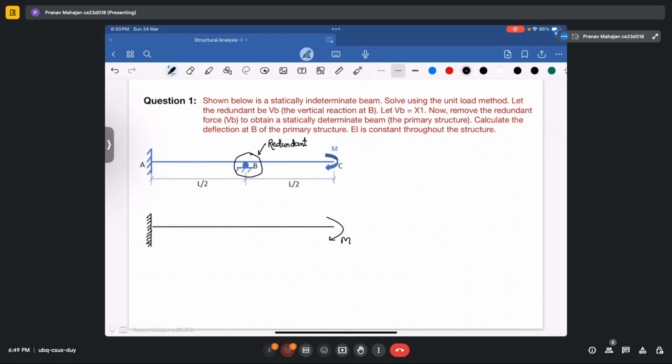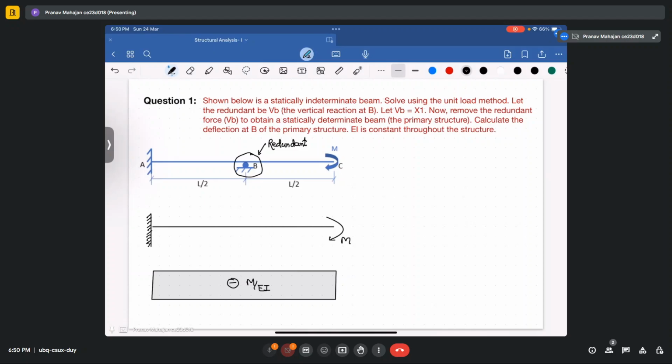Okay. So what will be the bending moment diagram? The bending moment diagram will look like this. This is negative because hogging will occur and it will be equal to M upon EI. So this is your M upon EI diagram.